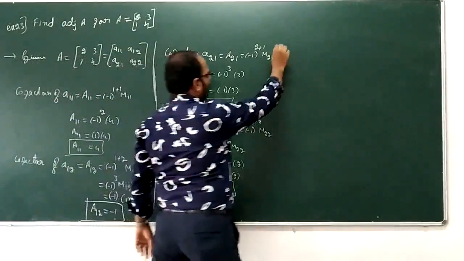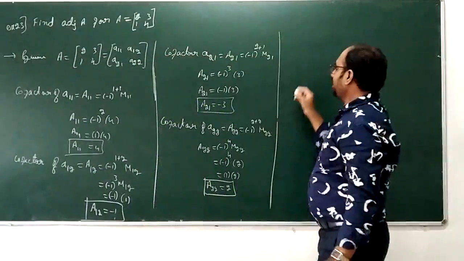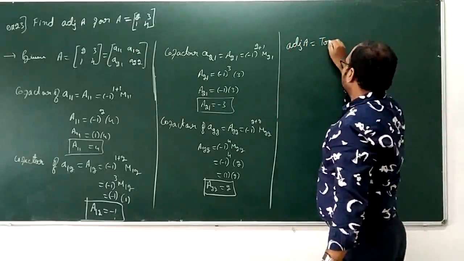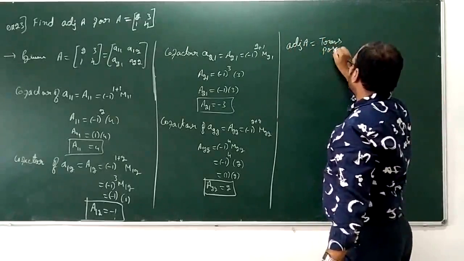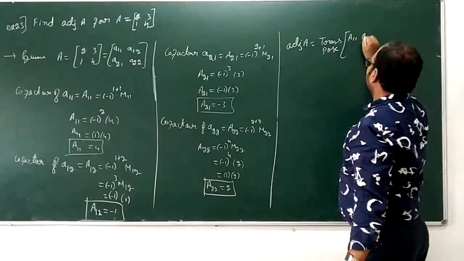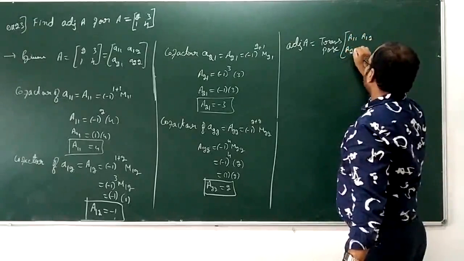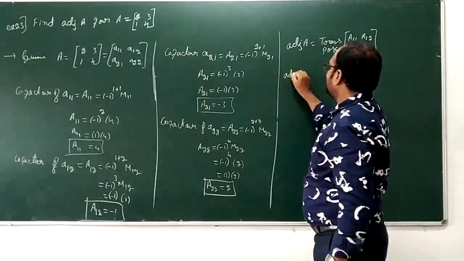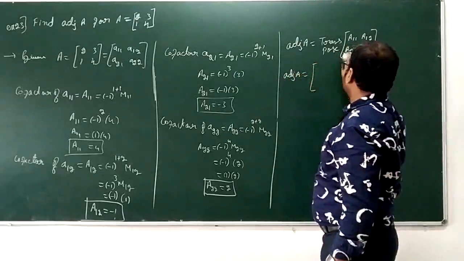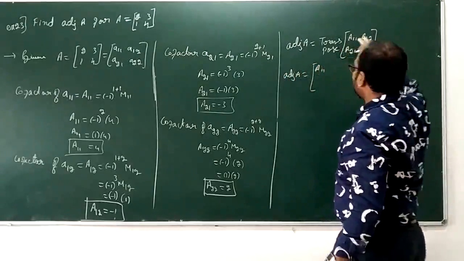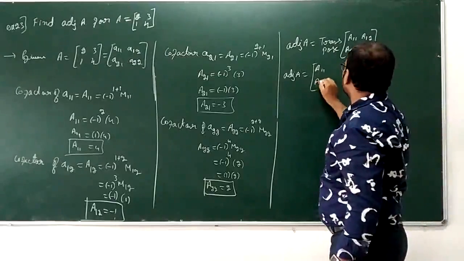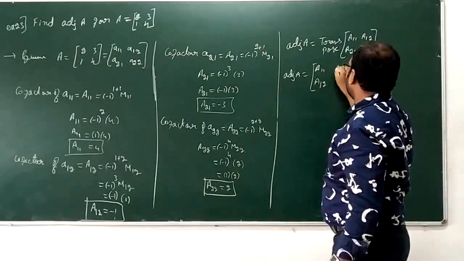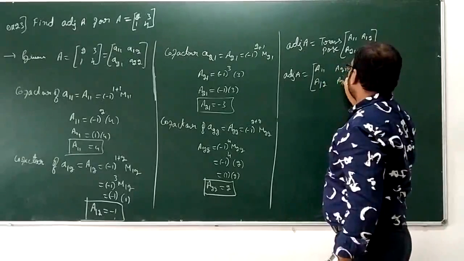Now write down adjoint of A is equal to transpose of A11, A12, A21, A22. If we transpose it, the rows are written as columns: A11, A21, A12, A22.